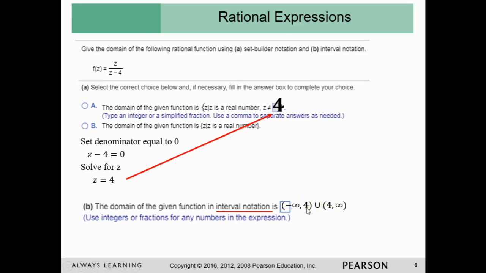So we put the excluded value here in this notation. What this is demonstrating is all values except for 4. So again, remember the set builder notation identifies what the excluded value is, while interval notation identifies what values are included in the domain, and you put your excluded value right here.